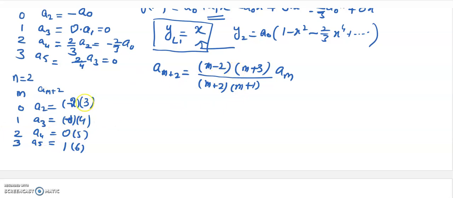Because 3 plus 3 is 6, and then divided by 2, 3, 4, and then 5, and then it will be 1, 2, 3, and then it will be 4. So this will be a0, this will be a1, and this will be a2, this will be a3.